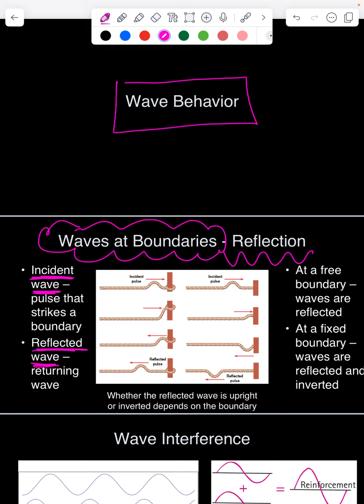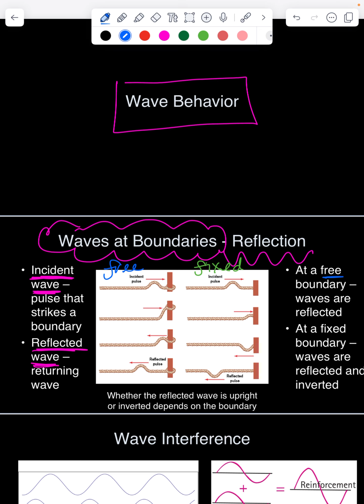We have two different types of boundaries that waves can hit. They can hit a free boundary or a fixed boundary. Both of these waves are going towards the boundary on the same side. They're both crests.